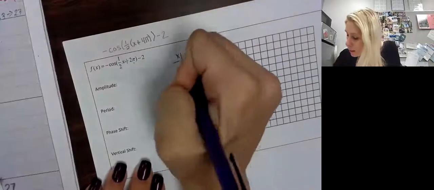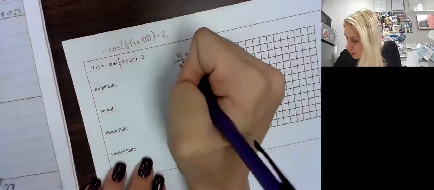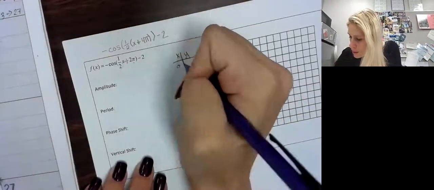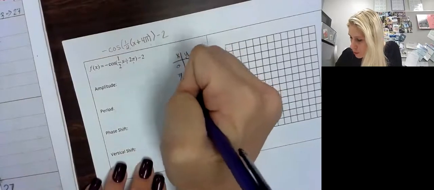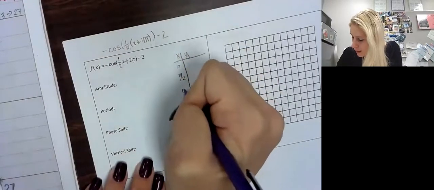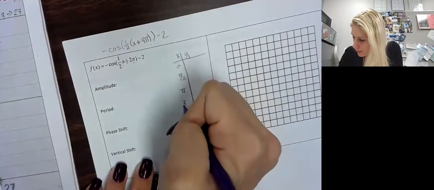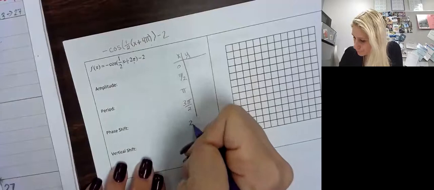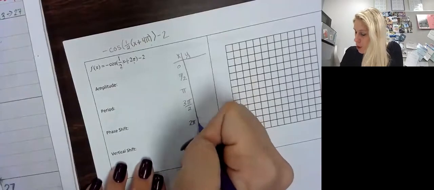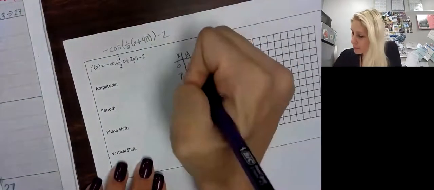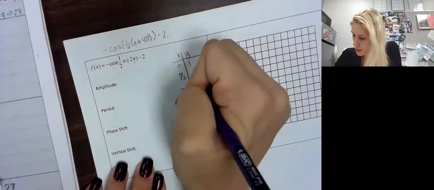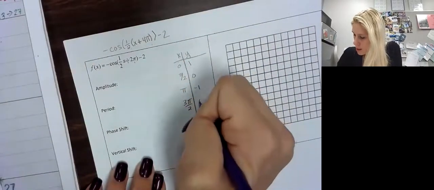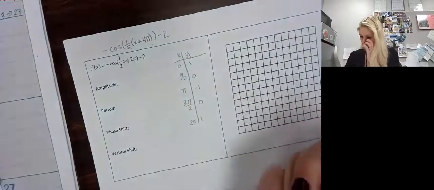Okay, let's look at what function we have. So 0, pi over 2, pi, 3 pi over 2, and 2 pi. And we're dealing with cosine. So that means it goes 1, 0, -1, 0, and 1.